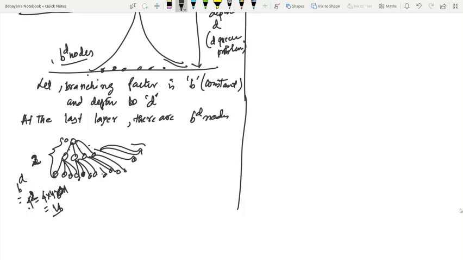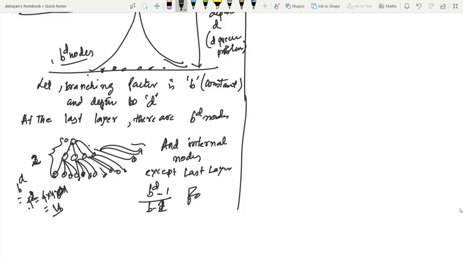And if we consider all internal nodes except the last layer, that should be (b to the power d minus 1) by (b minus 1), and for large b we can write that as b to the power d by b minus 1.